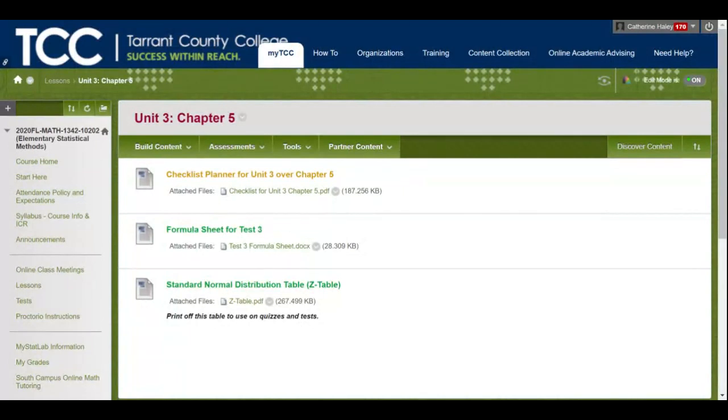Okay, you guys can look for it too, the test 3 formula sheet. And it looks like I'm going to have to download it. So just hold on a second. I think I can do that.